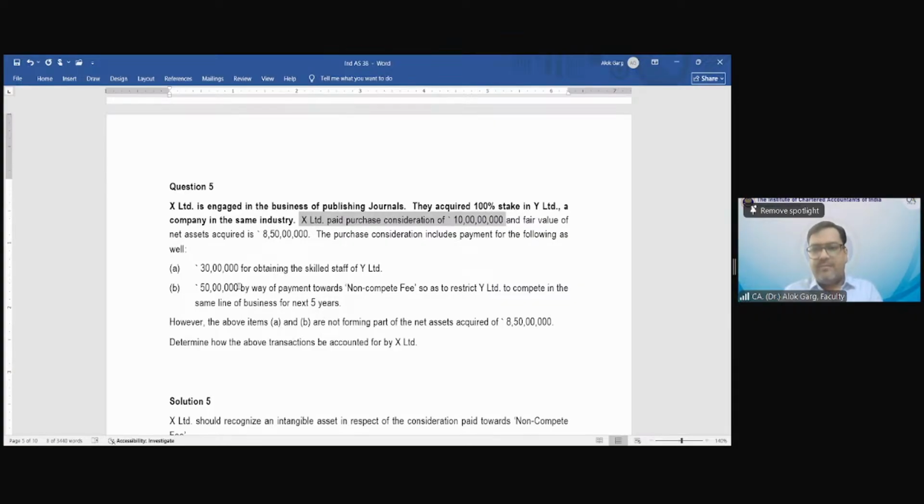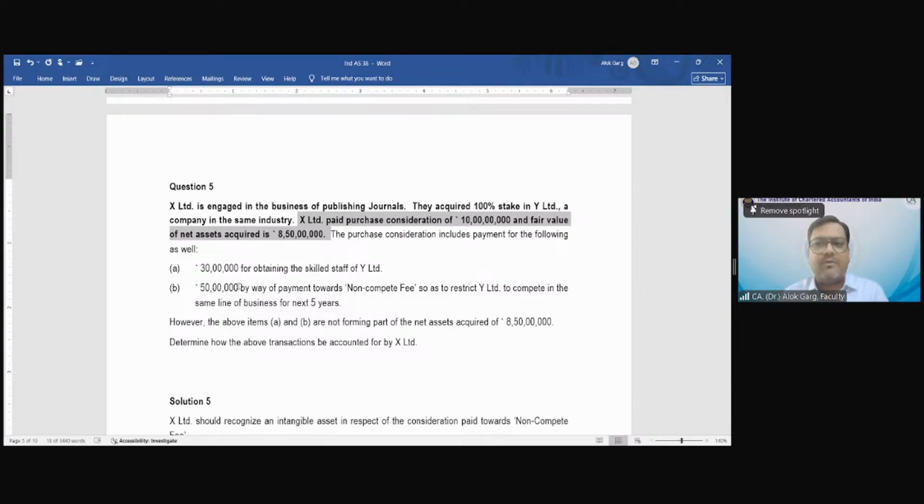And fair value of net asset acquired is 8 crore 50 lakh. So this company X Limited is acquiring Y Limited, paying a purchase consideration of 10 crore. And what is the fair value of the net assets acquired? 8 crore 50 lakh. So the asset which they acquired has a fair value of 8.5 crore, but they are paying 10 crore.